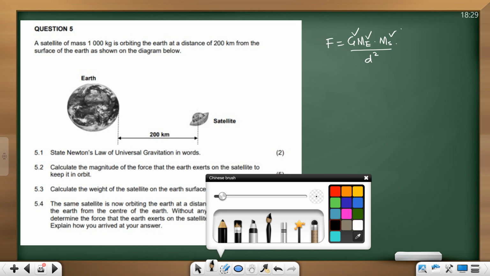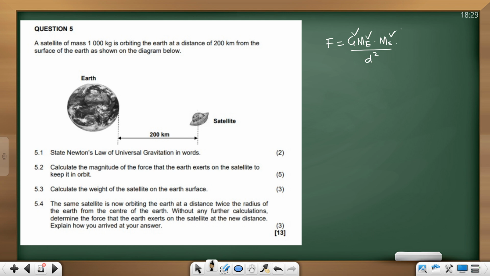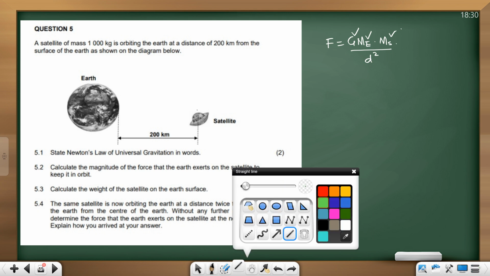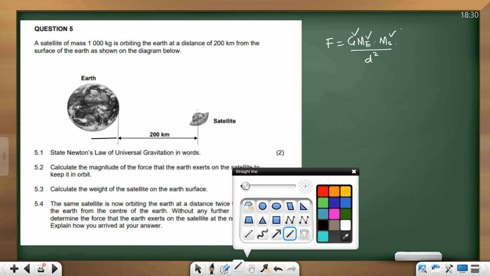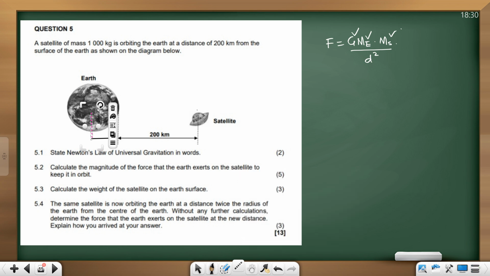Now you can see it's measured from the center of the satellite. Please take note. We need to add the radius of the Earth to it, because the law says from their centers. From their centers. Very key. And that is the radius of the Earth, which is a constant.